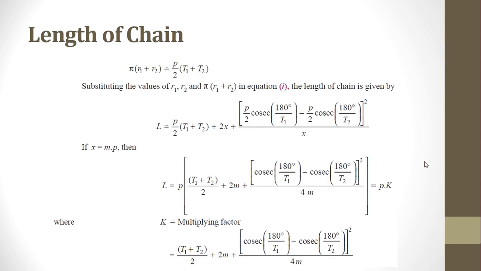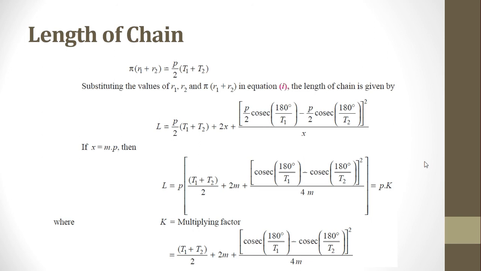So with the relationship in which we have pi (R1 plus R2) is equal to half of the pitch into (T1 plus T2), with this relationship we will plug the values of R1 and R2 and pi (R1 plus R2) into our primary equation.